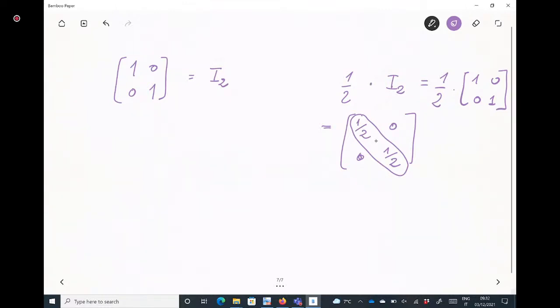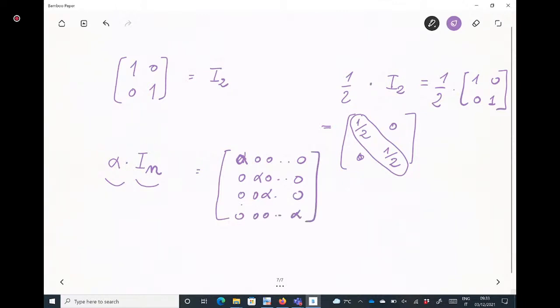So it can be regarded as the product between a scalar and an identity matrix of dimension n, which is this one, okay, all zeros except alpha in the main diagonal.